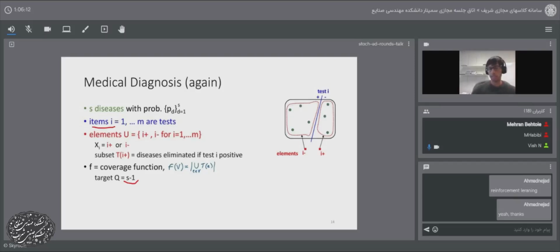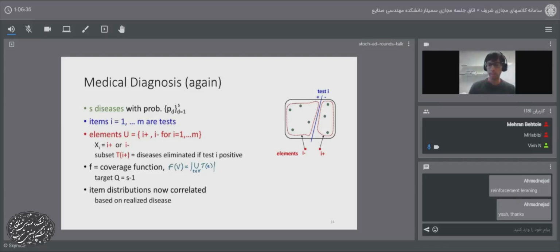And we've just seen that this can be viewed as an instance of submodular cover where you have random items because the test outcomes are going to be random. An important point here is that the distribution of different items are now correlated.